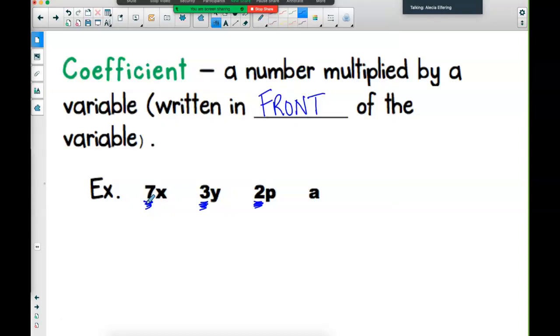Raylan? 1. Okay? So when you see a letter by itself, you can always put a 1 in front of it. Always. So the 1 would be the coefficient of that. Questions on that part?